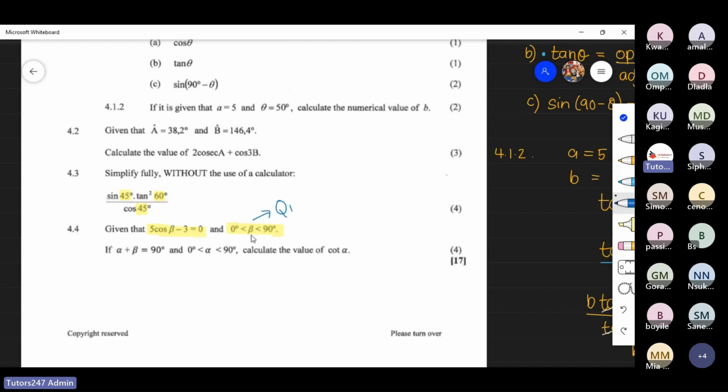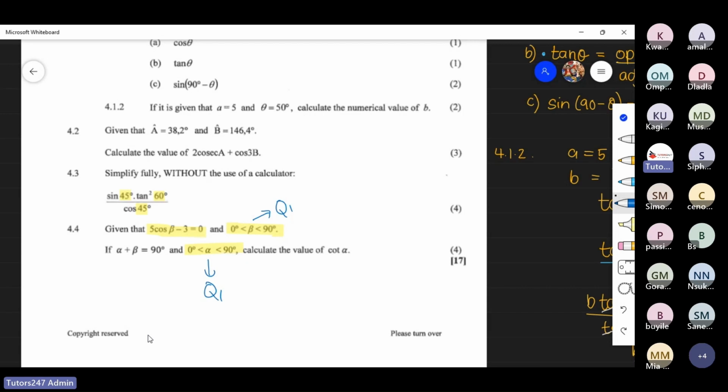If you remember when we first started our session, we mentioned that quadrant 1 is from 0 to 90, quadrant 2 is from 90 to 180, and quadrant 3 is from 180 to 270, and lastly, quadrant 4 is from 270 to 360. So based on that, if you knew your CAST diagram, automatically you would have been able to see that beta is within quadrant 1. Now, if you look at alpha, you can see that alpha is also within quadrant 1 because it is from 0 to 90.